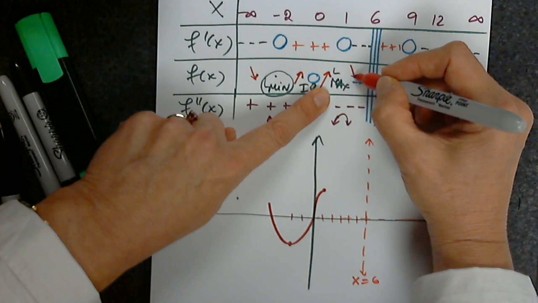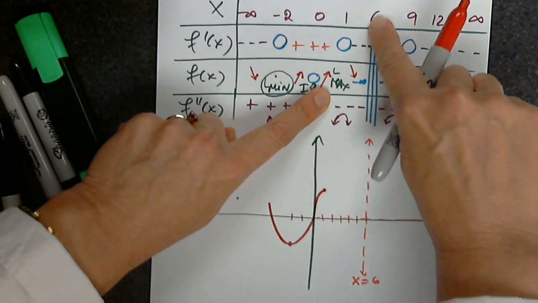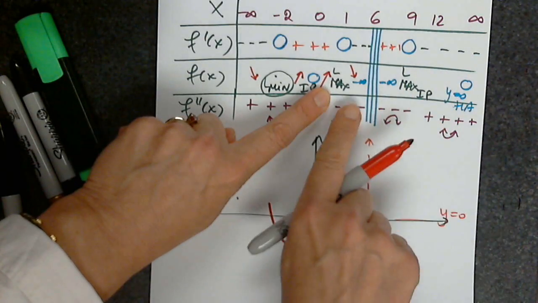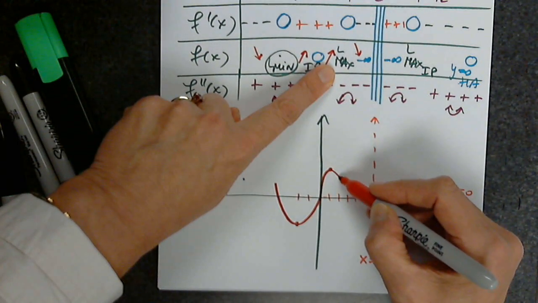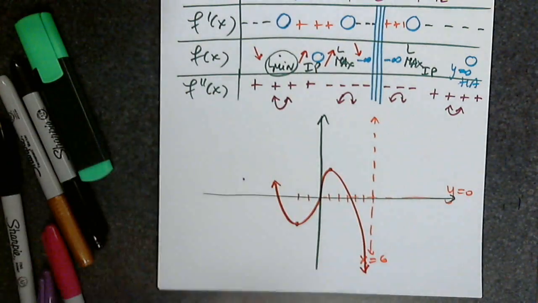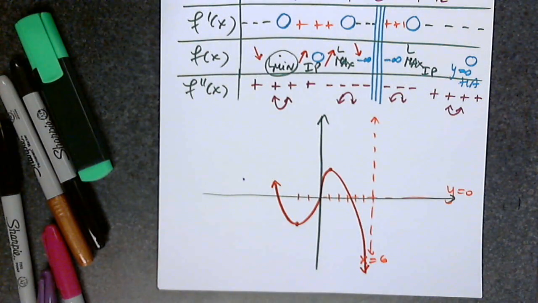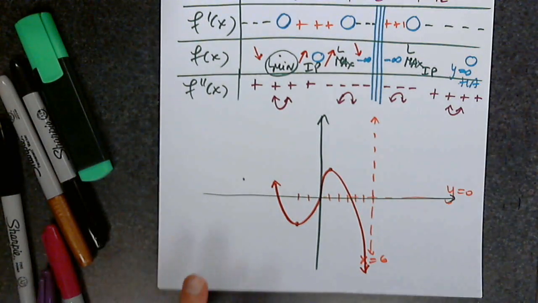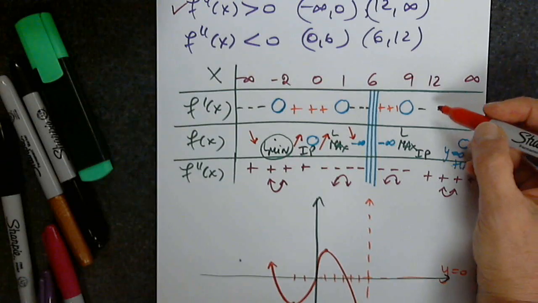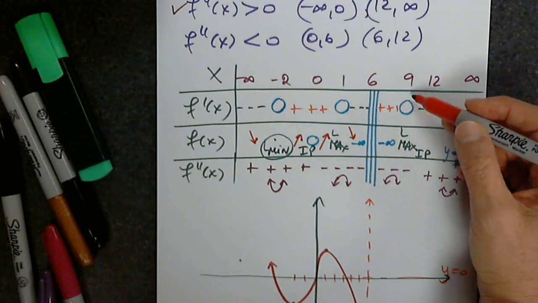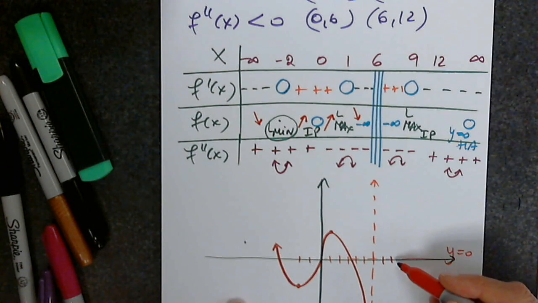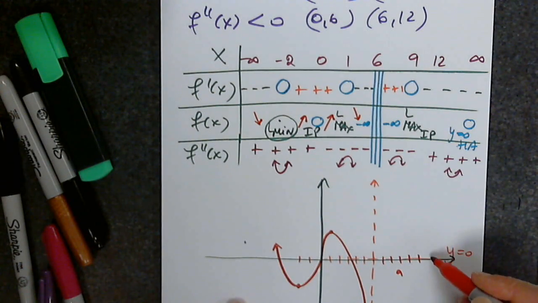Then it starts decreasing on the left-hand side of the vertical asymptote, opening downward, approaching -infinity. On the right-hand side, it has 9 comma whatever, so it's coming from -infinity. So this is 6, 7, 8, 9, 10, 11, 12.